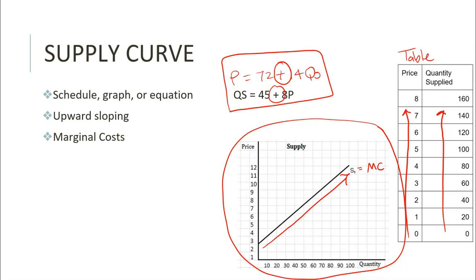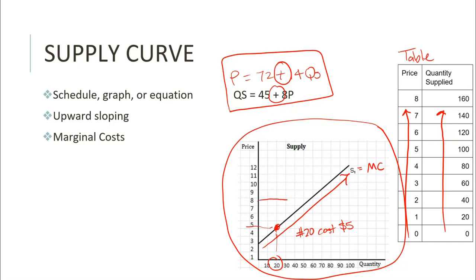It's representing marginal cost. So if we look at a price of $5 and a quantity of 20, we would say that item number 20 cost $5 to produce. So if they're going to sell 20 of them, the price needs to be at least $5.